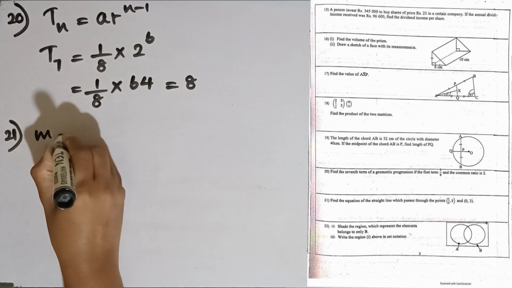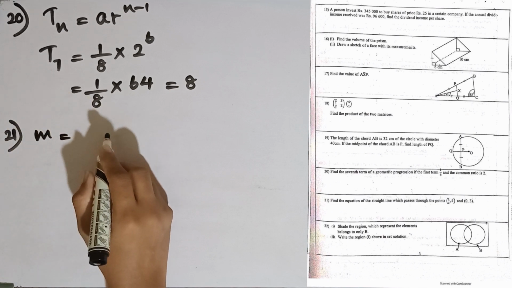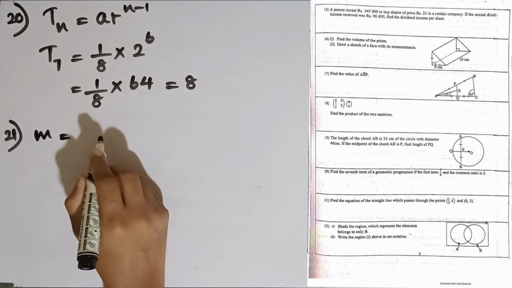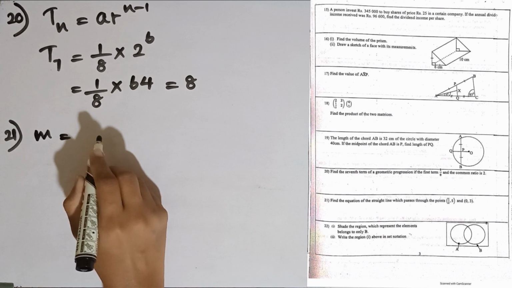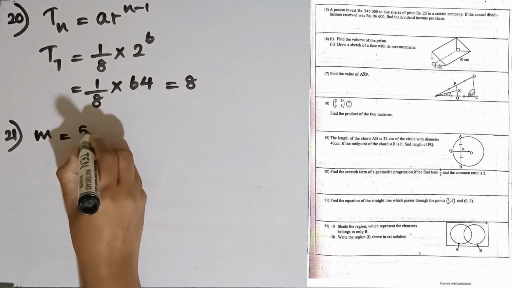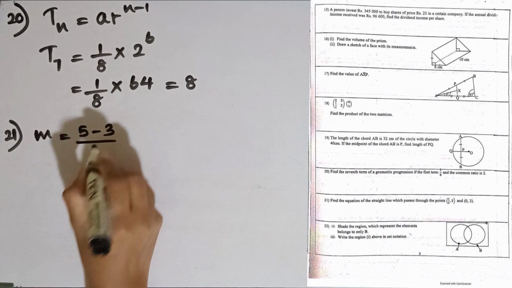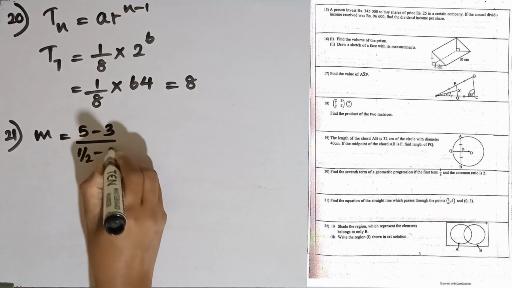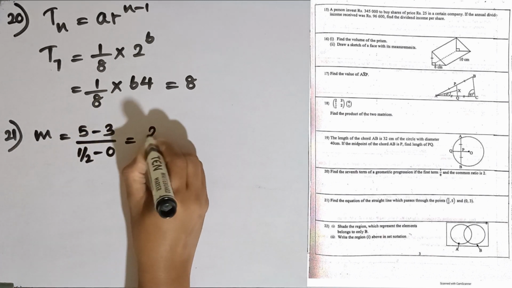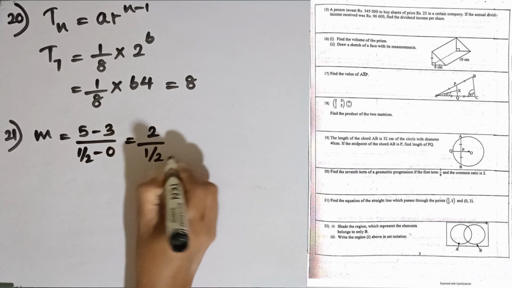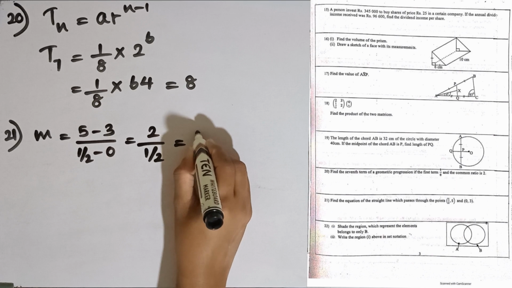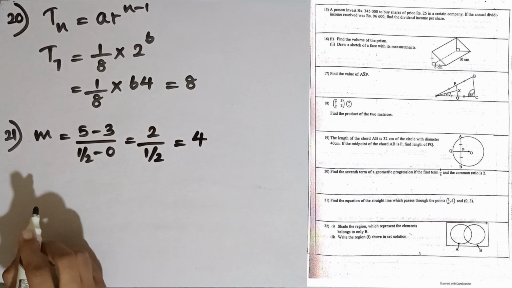We can find it by dividing the y coordinate difference by the x coordinate difference. I will take 5 minus 3, then over half minus 0. 5 minus 3 is 2, over half. So if you simplify this, 2 multiplying by 2, that is 4. So the gradient is equal to 4.